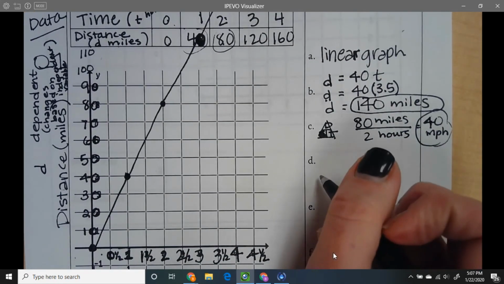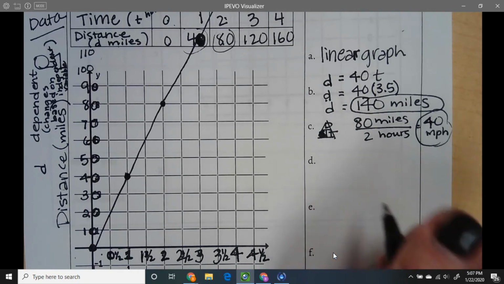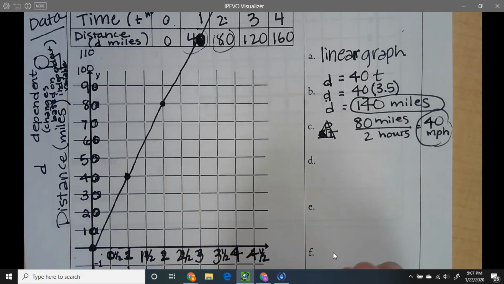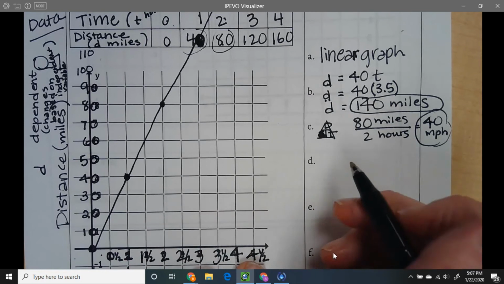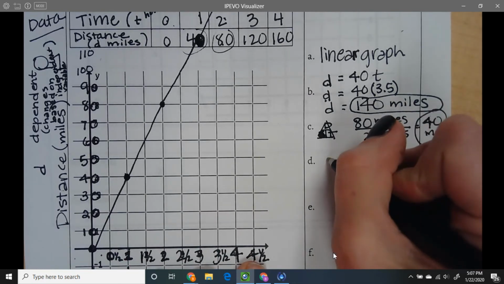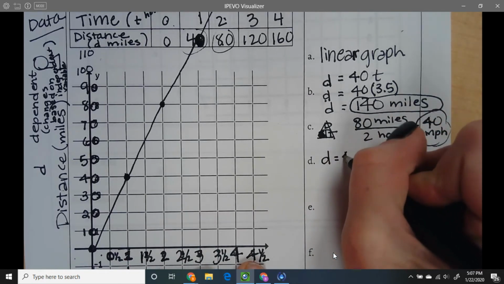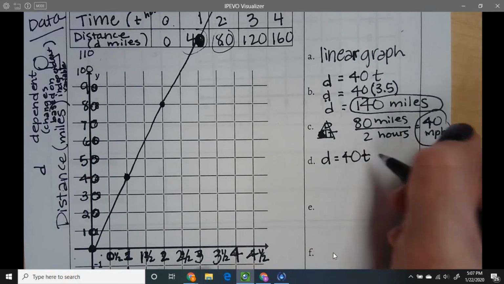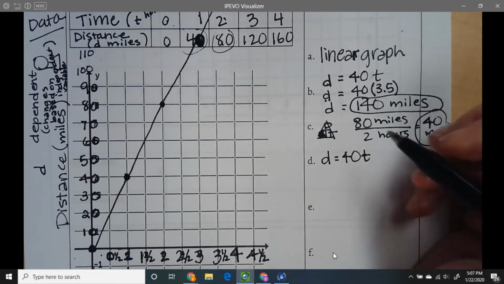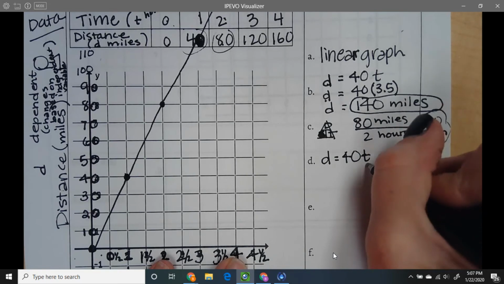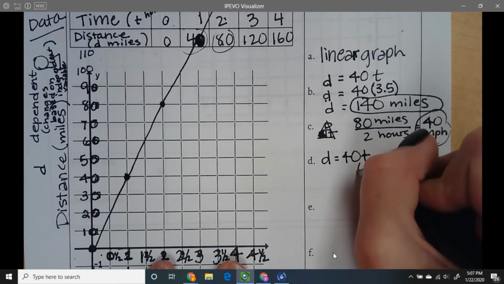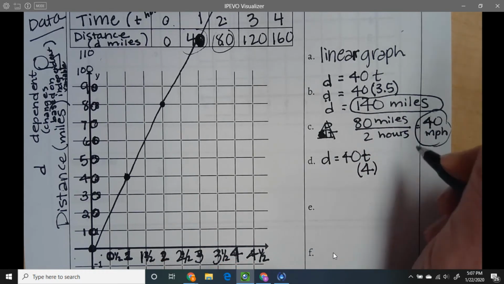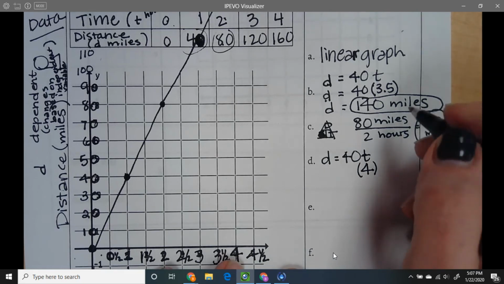And then D says Angela has driven for 4 hours. So that's a time again. So I might need this equation again of distance equals 40 times the time. Okay, so she's driven already for 4 hours. If she drives for another hour at this constant speed, how far will she drive in all?